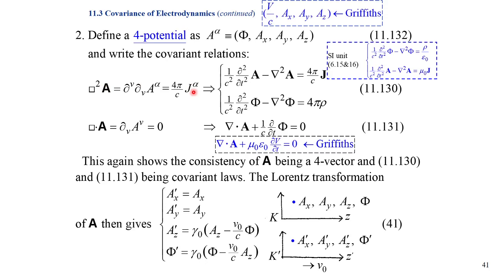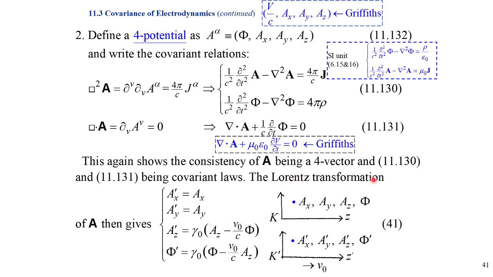Therefore they are covariant. This again shows the consistency of A being a 4 vector and equation 11.131 being a covariant law.